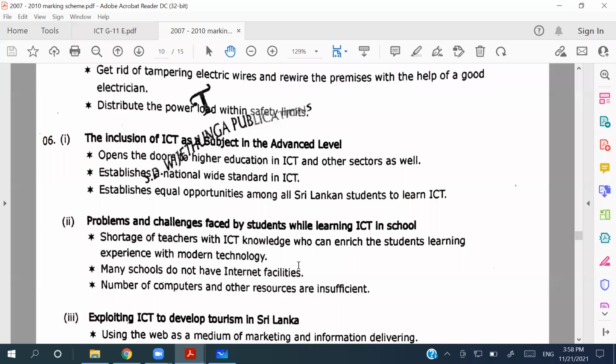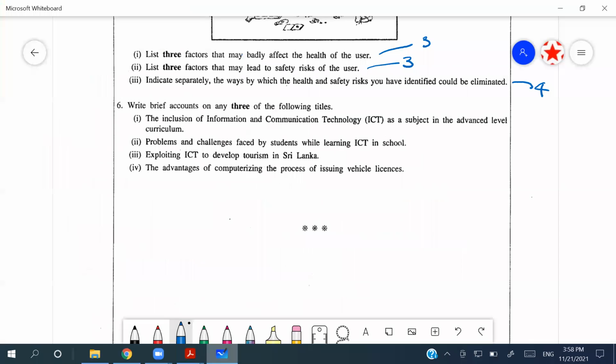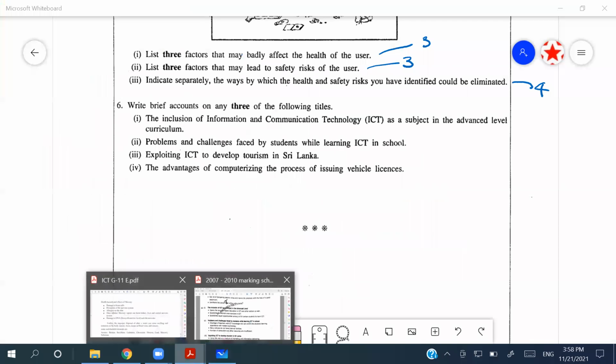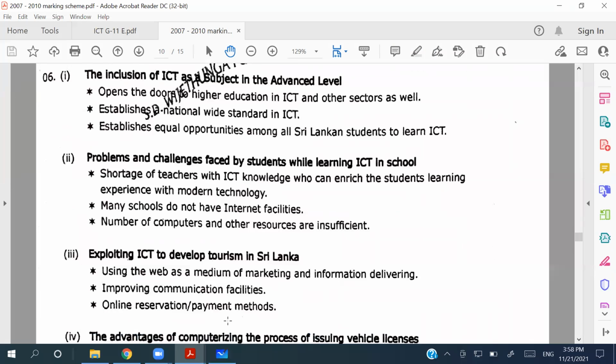And the second one, it says challenges faced by the student while learning ICT in school, right? So regarding that, you can write these points. Shortage of teachers with ICT knowledge who can enrich the student learning experience with modern technology. Many schools do not have internet facilities, and many schools do not have proper computer lab facilities as well, right?